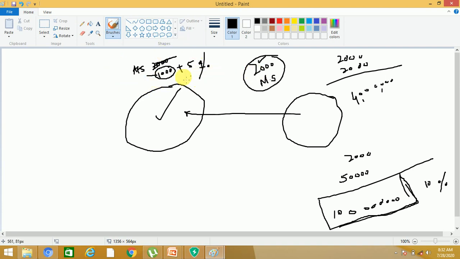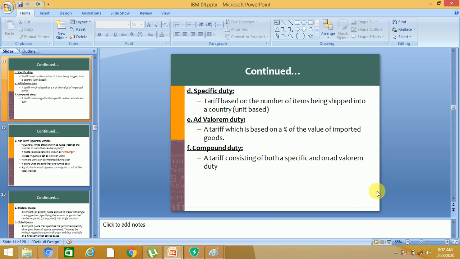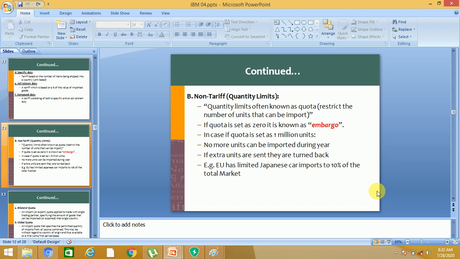On one unit, 2000 units, on one unit you will pay 1000, and then plus you calculate the total value, and of the total value you will pay 5% to the government. So this is called compound duty. So these are six types.